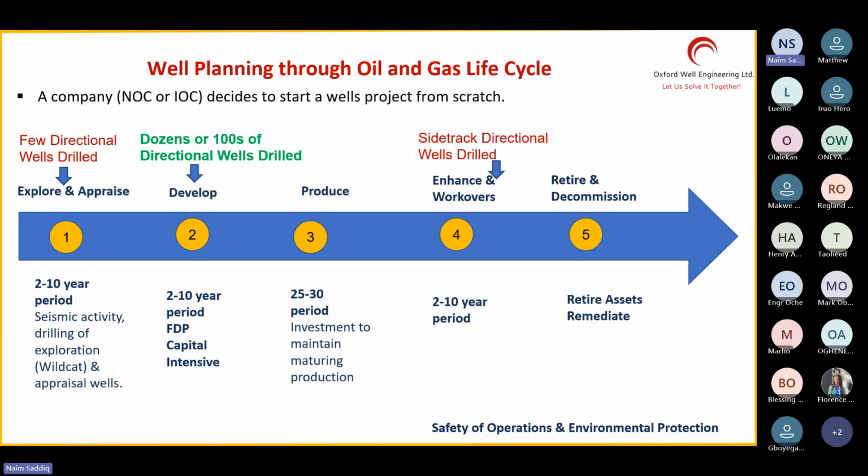Proper wells are symmetrical. These dozens or hundreds of directional wells in the development phase are the ones which last 25 to 30 years, they keep producing because they know where the oil is. They are less risky wells. They are regular shape. If it's a horizontal well, it's going to be horizontal.